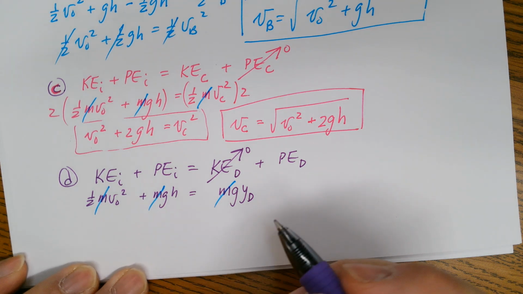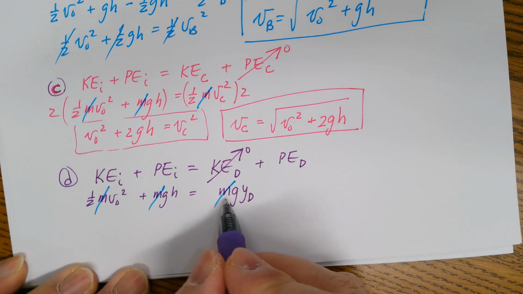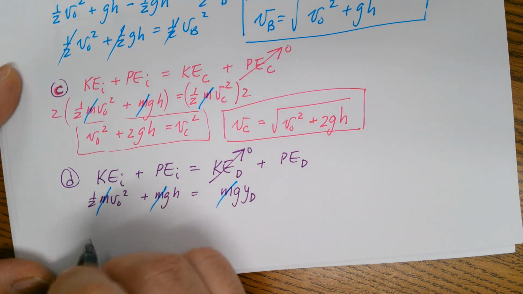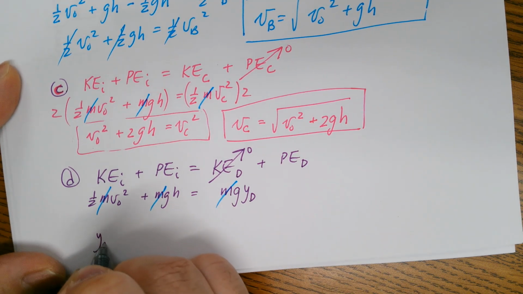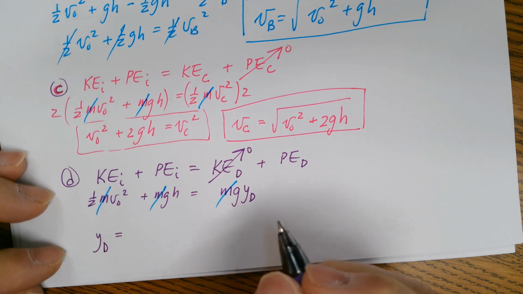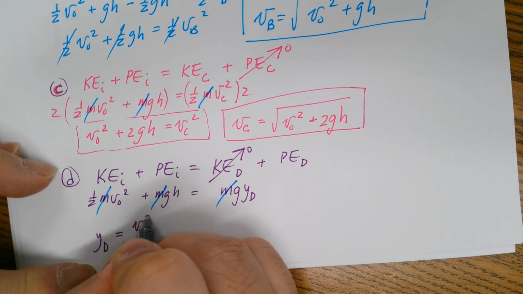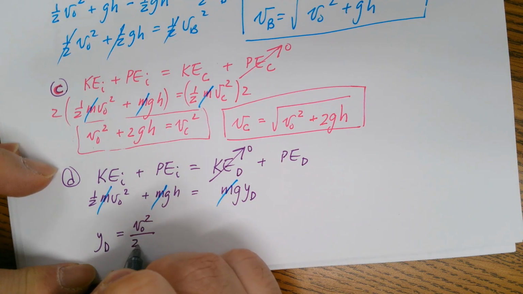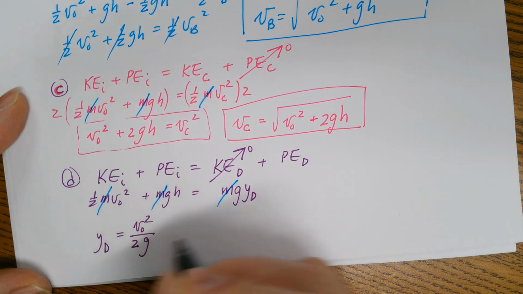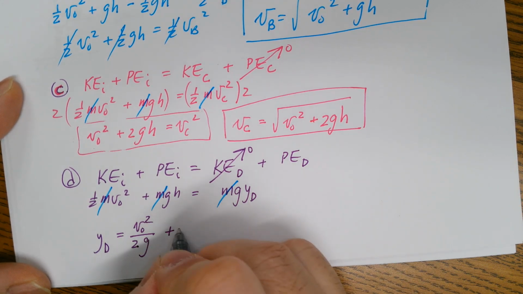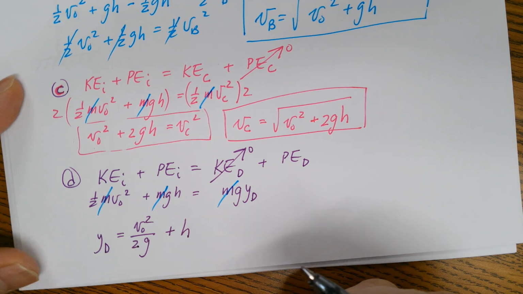And if you were to divide both sides by g, your y at D is equal to v naught squared over 2g plus h.